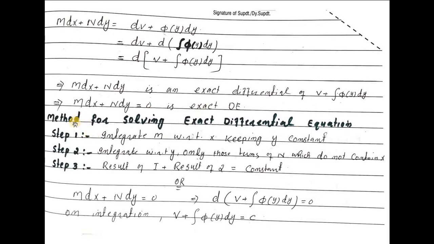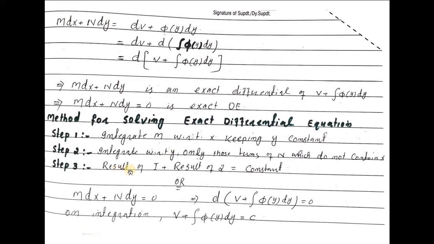So, the method for solving an exact differential equation. Step 1: integrate m with respect to x keeping y as constant. Step 2: integrate with respect to y only those terms of n which do not contain x. We have to take those terms of n which do not have x, and integrate them with respect to y.